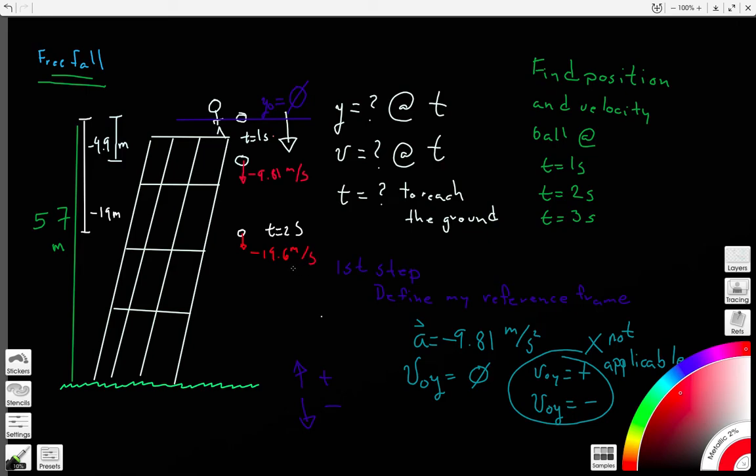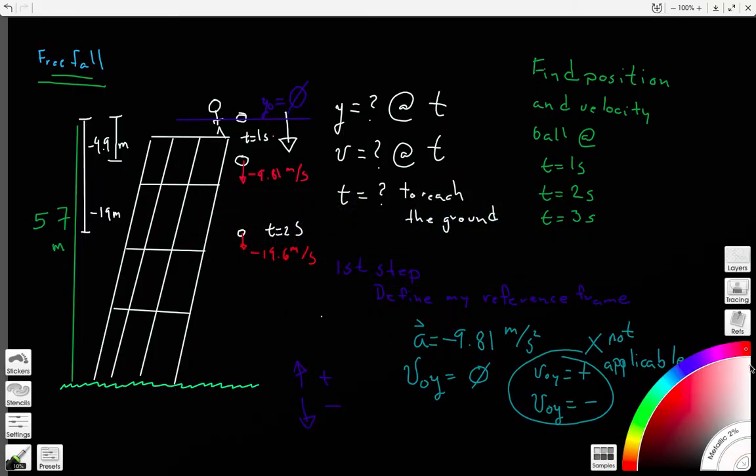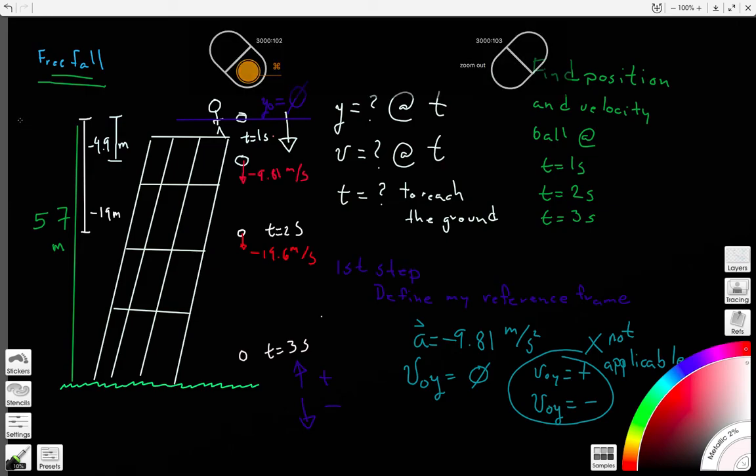And finally, at 3 seconds, I am at negative 44 meters. So once 3 seconds have passed, my ball is almost at the bottom. This is t equals 3 seconds.